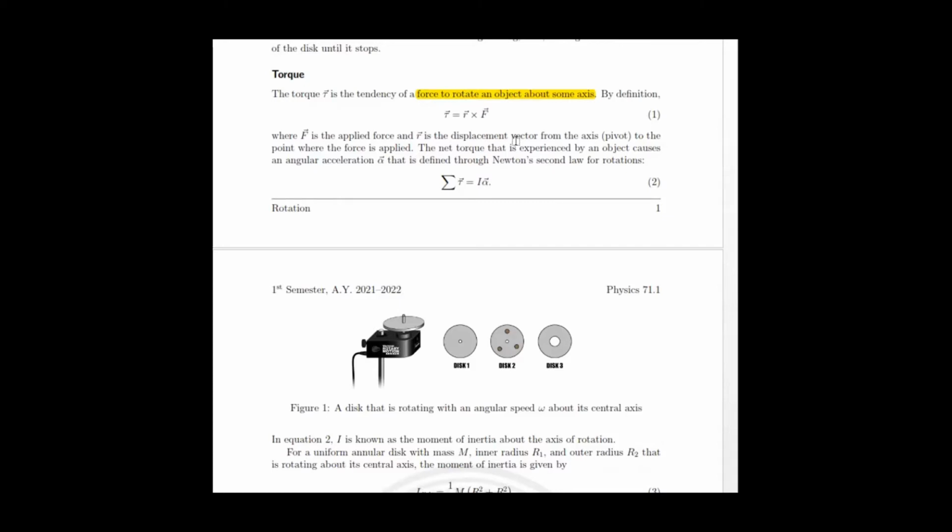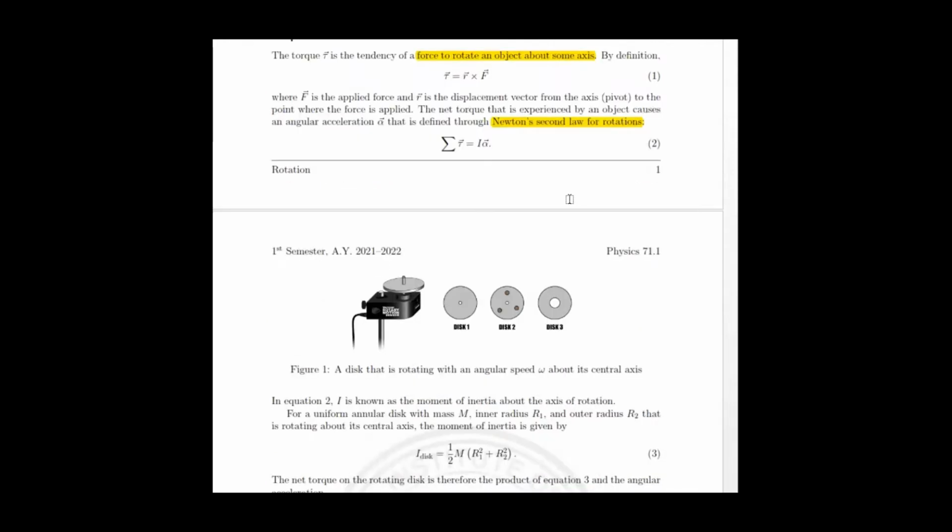So, the net torque experienced by an object will cause an angular acceleration, and it can be written as this formula here, which is actually Newton's second law for rotations. Ang alpha dito ay ang angular acceleration or how much the object accelerates as it rotates.